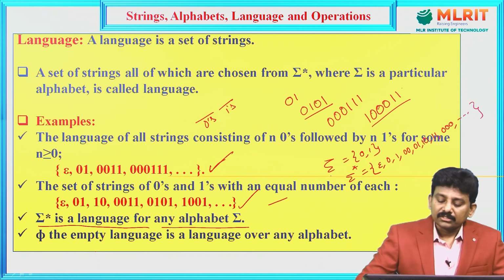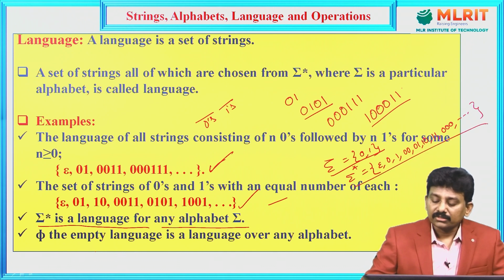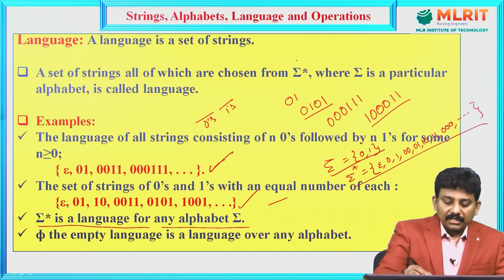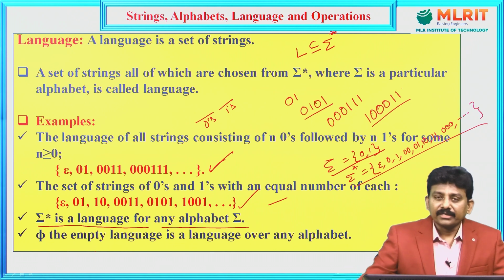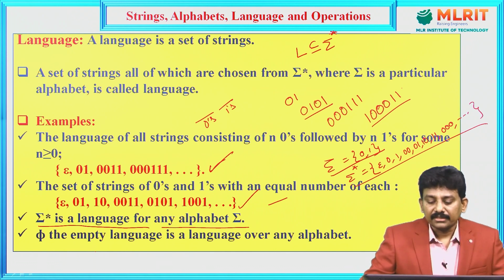So that language is a set of strings chosen from sigma star. In sigma star we can find any string over the given alphabet. L is a subset of sigma star.